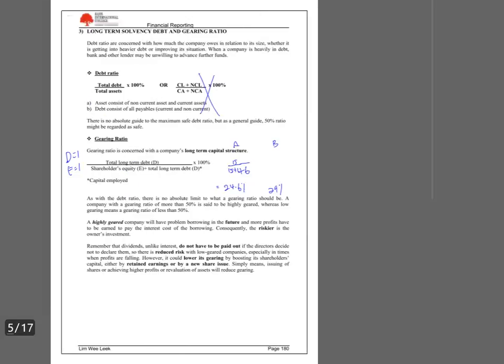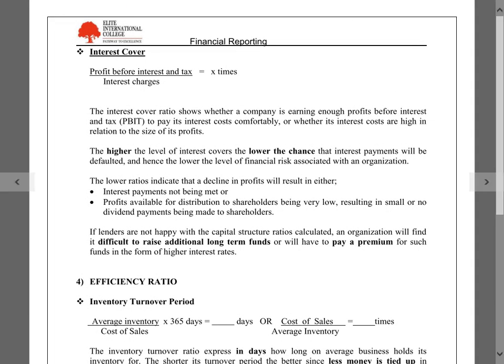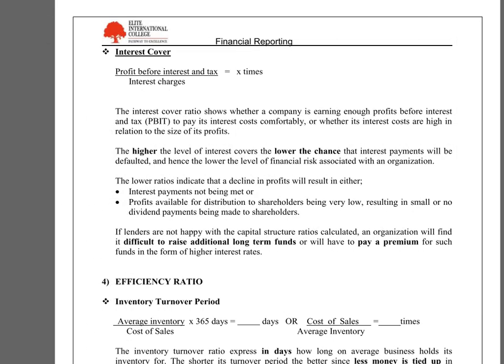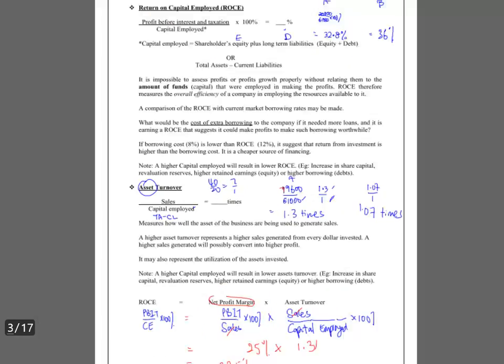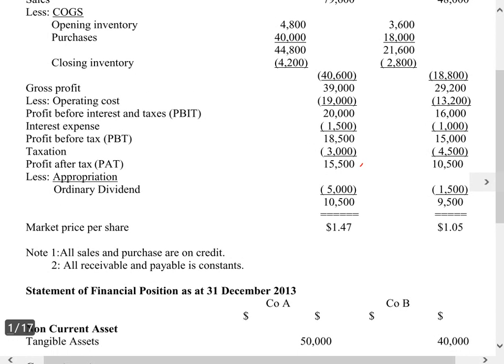And because when we have borrowing, we're going to have interest. Interest cover, last one: PBIT divided by interest. My PBIT will be 20. My interest will be the one below it.